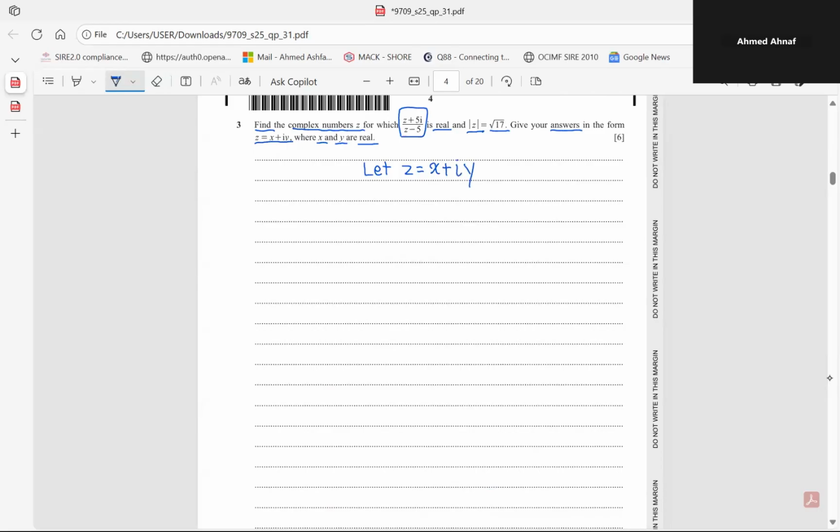Now let's substitute and evaluate this fraction first: z plus 5i over z minus 5. Substituting x plus iy, we get x plus iy plus 5i over x minus 5 plus iy.